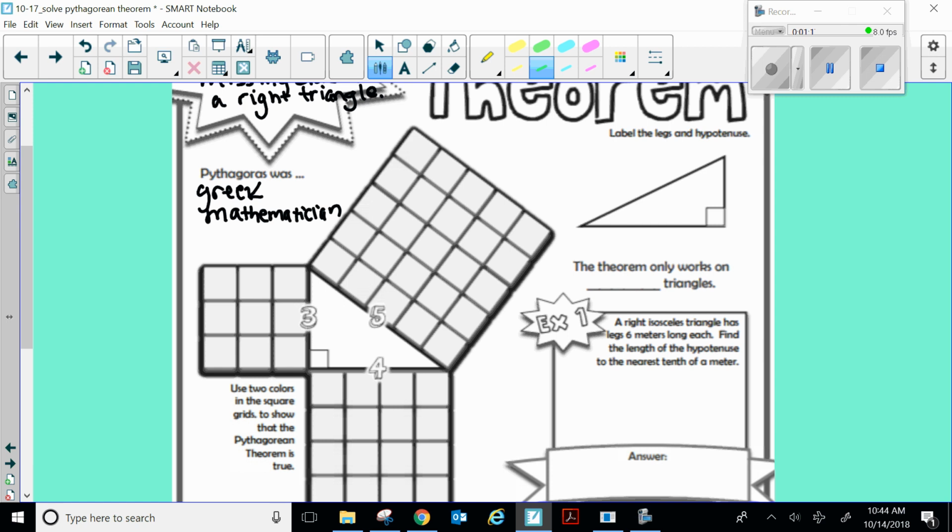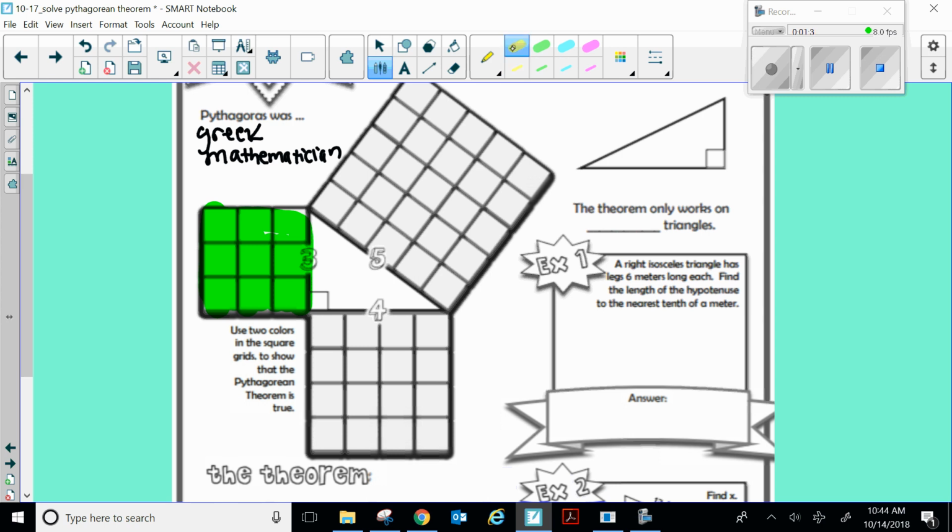So the theorem shows that if I find the area of the two squares of the legs of a right triangle, and I combine these squares together, they would equal the square on the hypotenuse of my triangle.